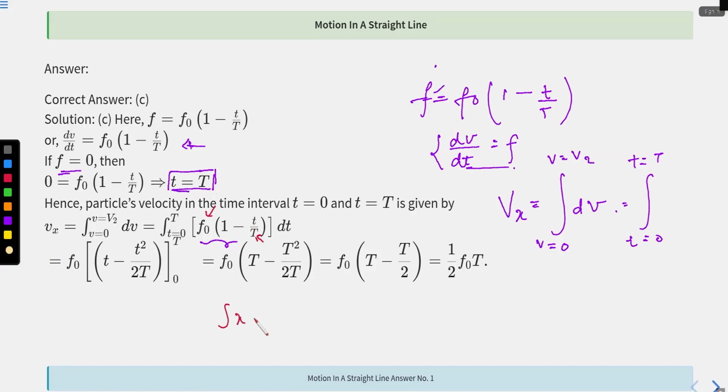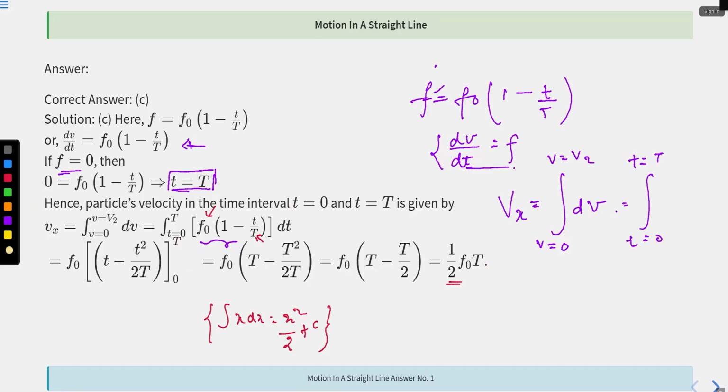The integral of x dx is x squared by 2 plus c. Everybody has studied this in mathematics in integral equations, right? So here, this equation will be integrated from the limit t equal to 0 to t equal to capital T. Therefore, we are going to get the value as half of f naught into T.